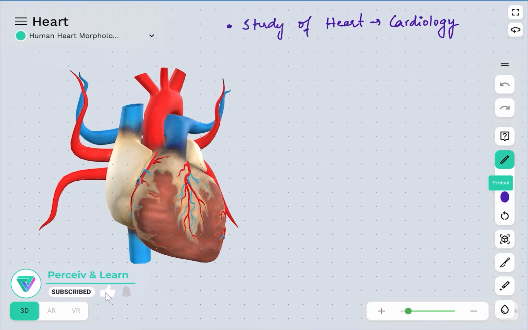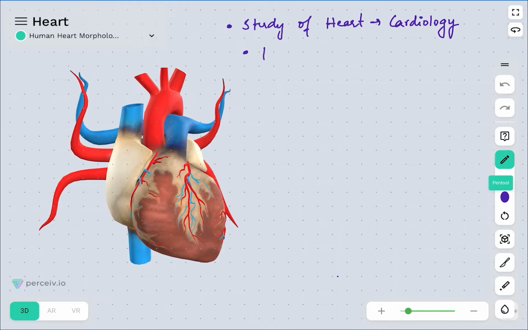And the heart, as you can see from the model itself, is a thick muscular organ. It is a pumping organ. Since it pumps blood to different parts of the body, it is considered a pumping organ. This is contractile also, because it shows the process of heart beating.